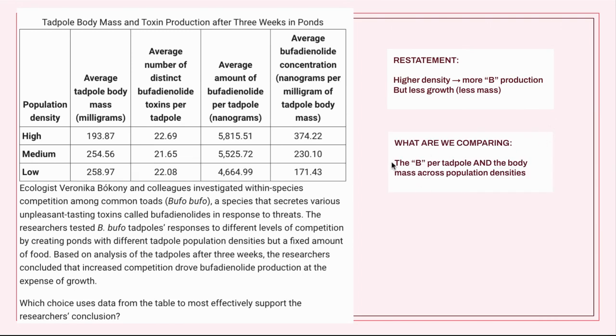So you want to compare the toxin per tadpole and also maybe the concentrations, and the body mass for different population densities. So we want to compare at least one lower population density and one high population density, and compare how much toxin each tadpole is making and also their body mass, and whether it's less or more.